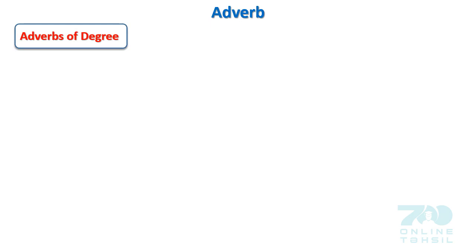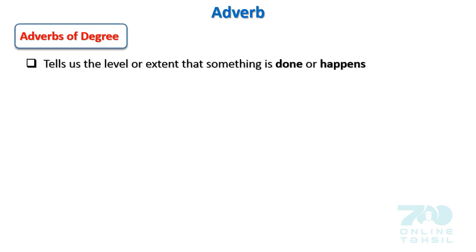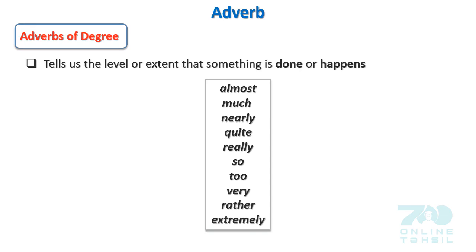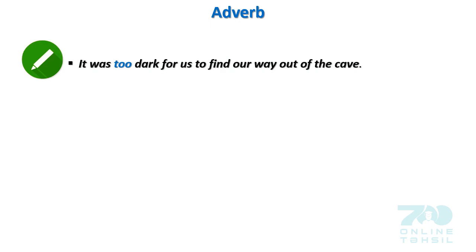Adverbs of degree. An adverb of degree tells us the level or extent that something is done or happens. Adverbs of degree are almost, much, nearly, quite, really, so, too, very, rather, extremely, etc. It was too dark for us to find our way out of the cave.